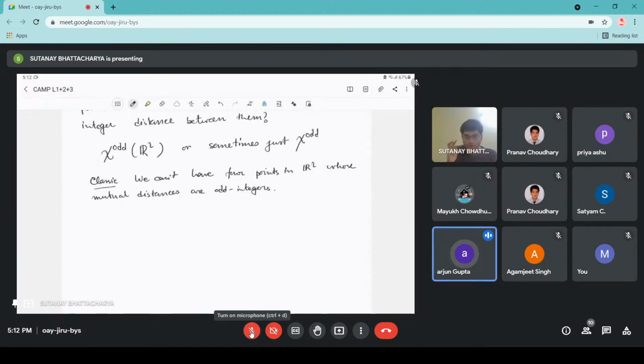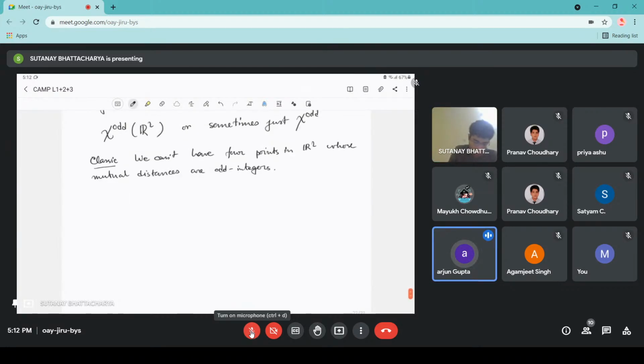Whose pairwise distances, or normal distances? What do you mean normal distances? If I consider a 3 by 3 square, then aren't these... We need only 4 points though. Oh no, I mean the corner vertices of that.